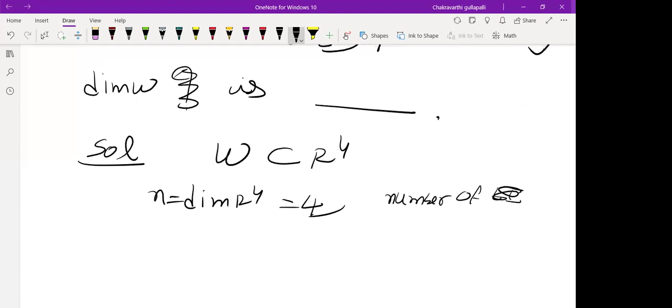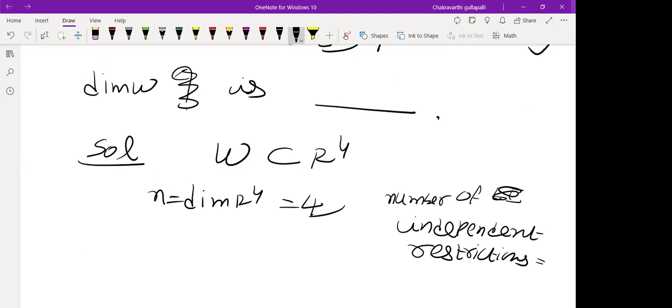I'll tell you what this is. How many independent restrictions are there? Only one restriction. So dimension of W is equal to n minus k, that is 4 minus 1.